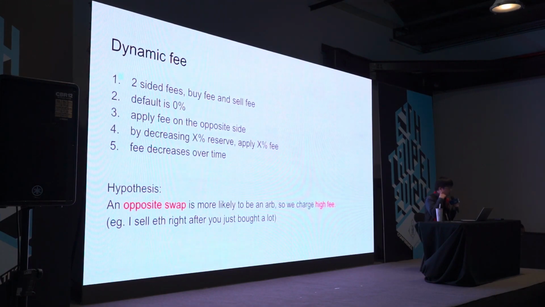It should start from 0, and the fee will increase whenever a swap happens, but the fee will be applied on the opposite side of the swap. So let's say if I sell ETH to the protocol, the reserve of ETH will increase and the reserve of USDC will decrease, then the fee is applied on the USDC side, which means whoever wants to make an opposite swap will get charged, but not the one that makes a same-side swap.